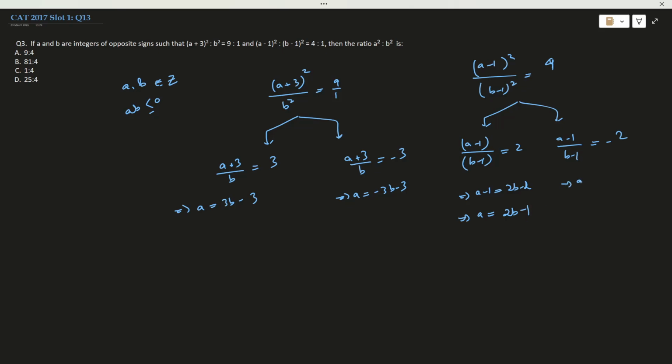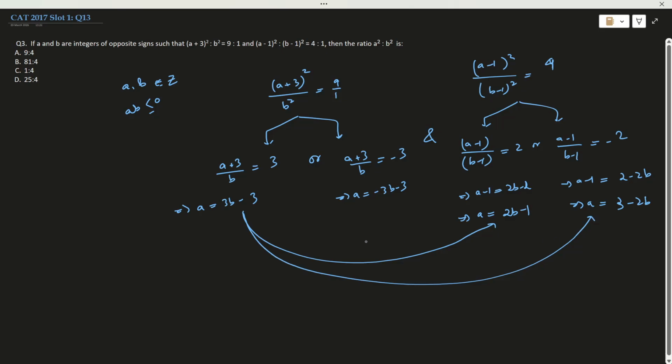From here I can say a minus 1 is equal to 2 minus 2b, or a equal to 3 minus 2b, right? So I will solve this with this, because this or this and this or this. So I'll solve this and this, and this and this.